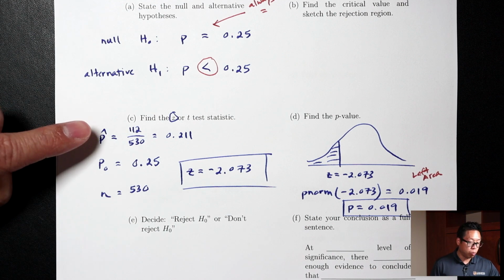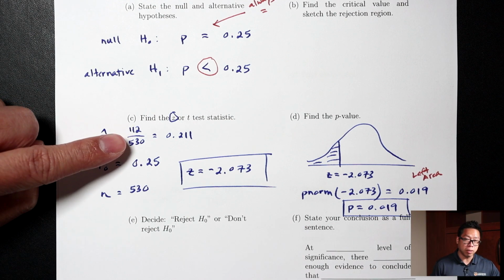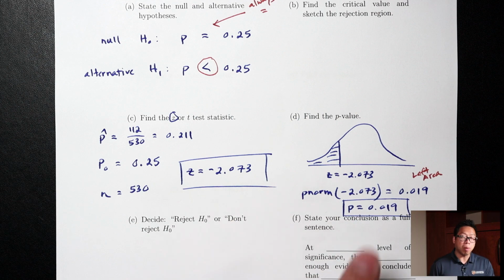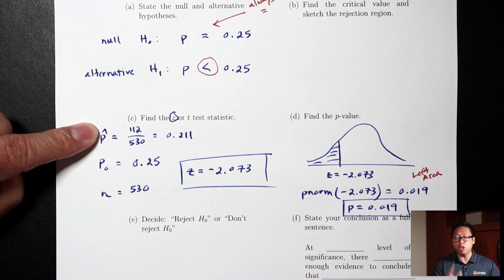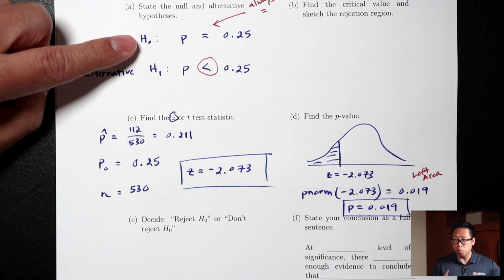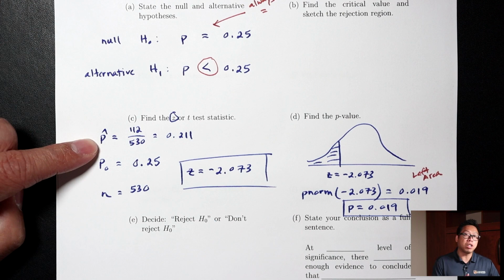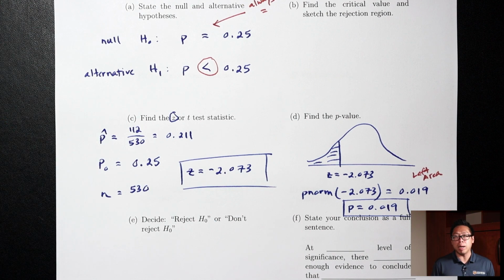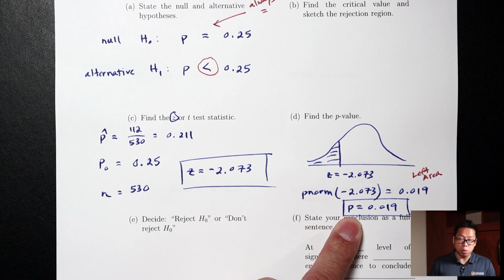This p-value is the probability of that happening from just regular randomness of the game. And remember, that was McDonald's explanation. McDonald's was saying that they weren't lying and that we got such a low win rate from just regular randomness of the game. And the p-value and the probability is 0.019, which as a percent is 1.9%.